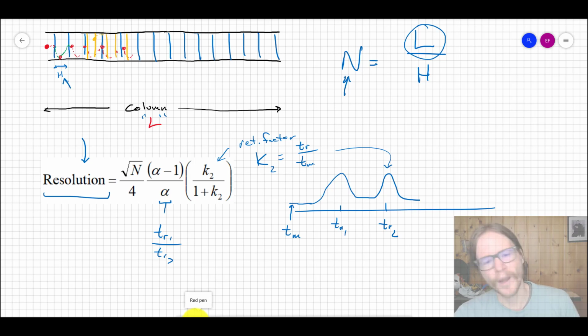So anyway, none of that really matters that much, because what I want to think about is the implicit functional relationship between resolution and the number of plates. So you've got this very empirical parameter that you measure directly off of your chromatogram, and then N, which is related to this very fundamental random walk equation. So here you can see that if you want to increase your resolution, right?